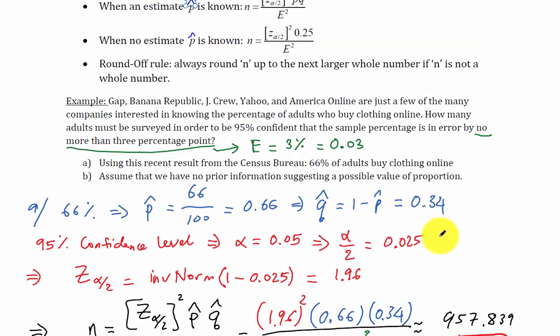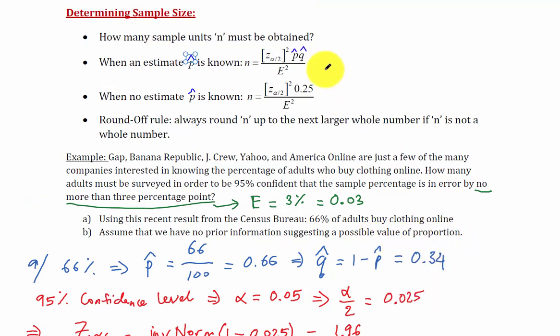So we need to get at least 958 people on the survey in order for us to be 95% confident about the results. Now the next question is that we assume that we have no prior studies or information suggesting a possible value of the proportions.